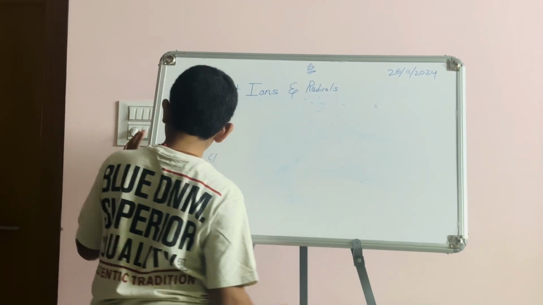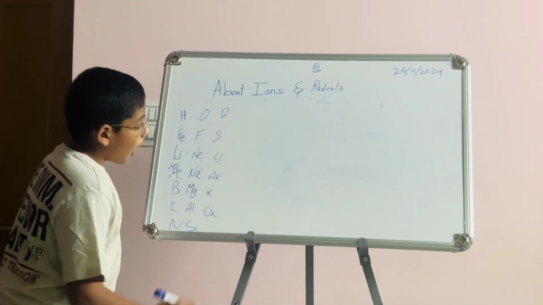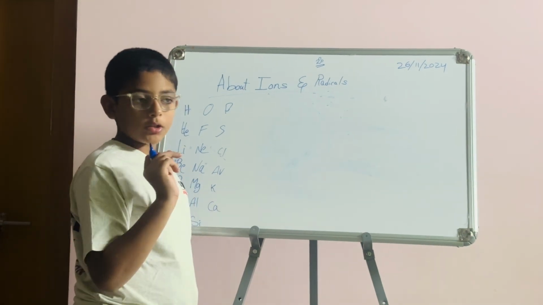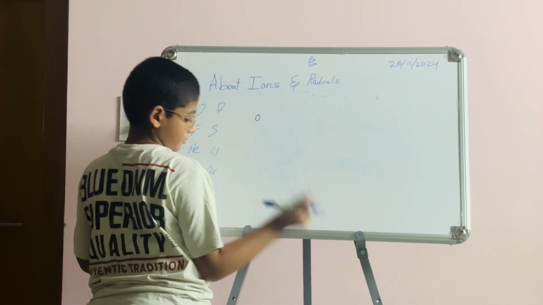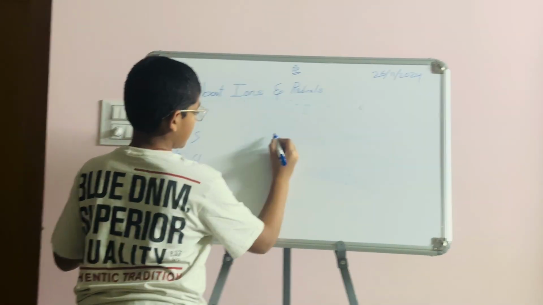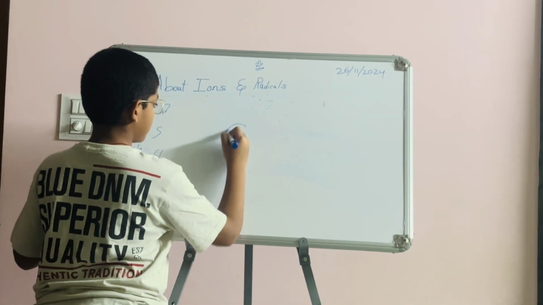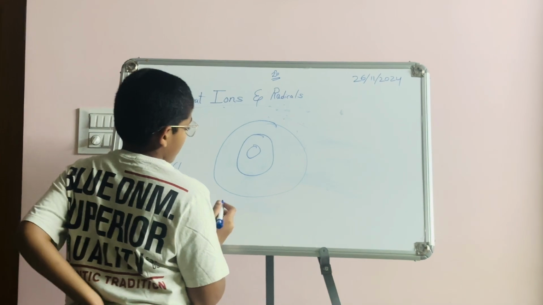Before going to this topic, you need to know how many electrons are present in each orbit or shell. This is the nucleus, right? Around it are the shells or orbits, right?